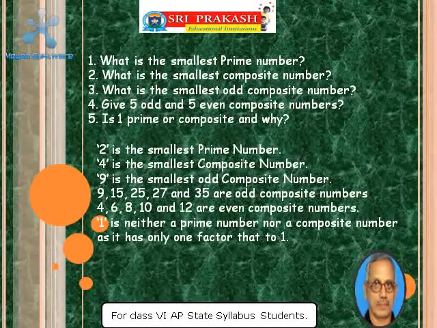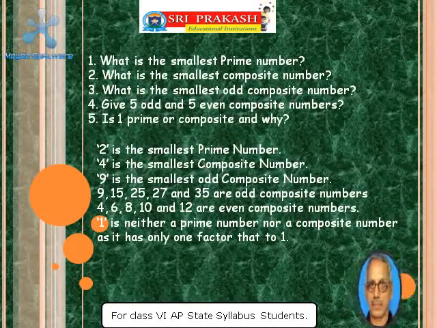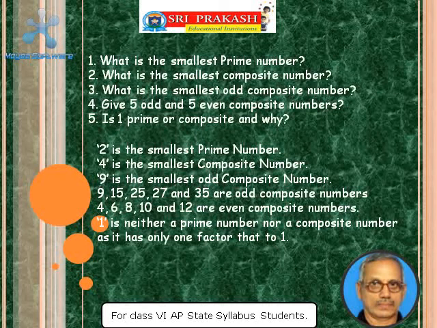So in order to check whether we understood the above concepts or not, let me ask some questions to you. What is the smallest prime number? So what is a prime number? Prime numbers have only 2 factors.